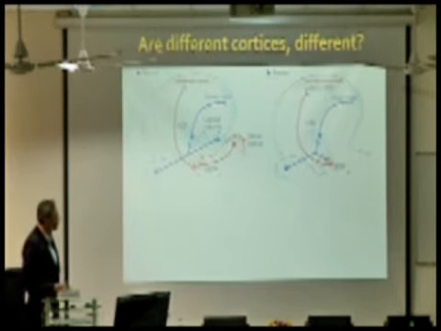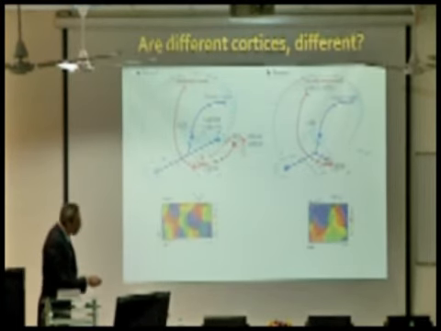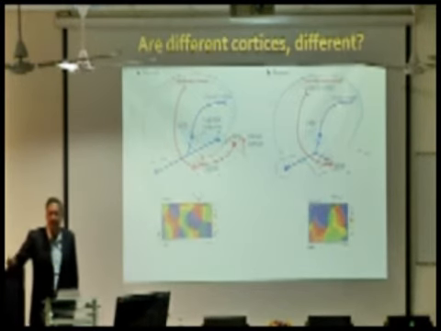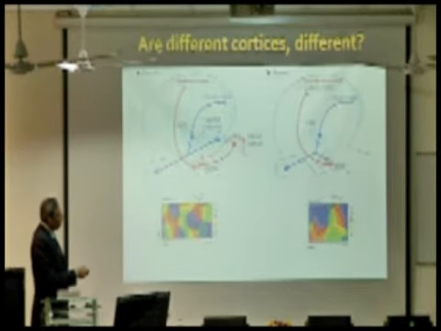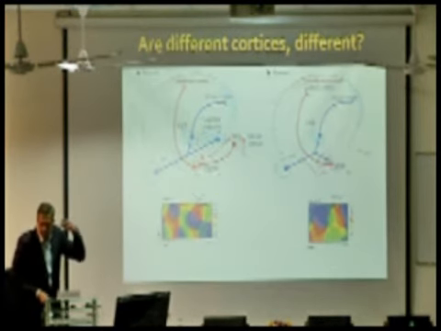And what they found was that the orientation maps which normally develop in an animal also developed inside the auditory cortex. If the auditory cortex had been genetically different, it would not have developed these visual maps. And the second thing is that when you show any light corresponding to this area which is going to the auditory cortex, you begin to hear something.